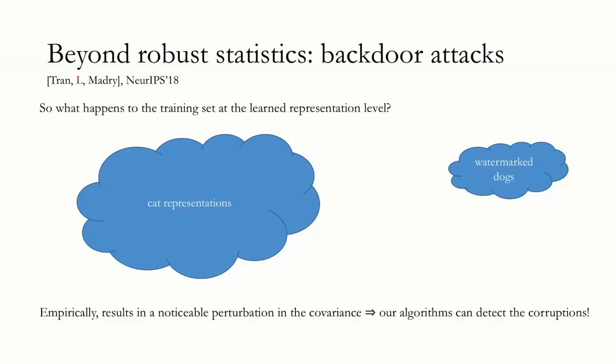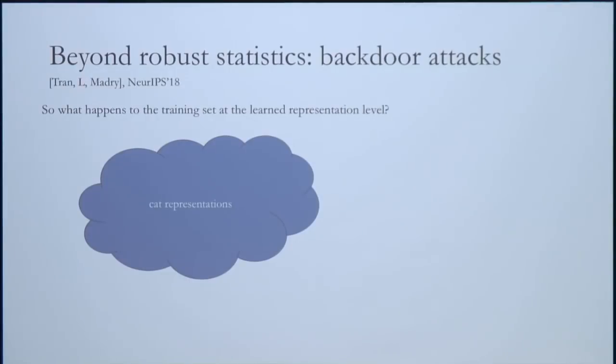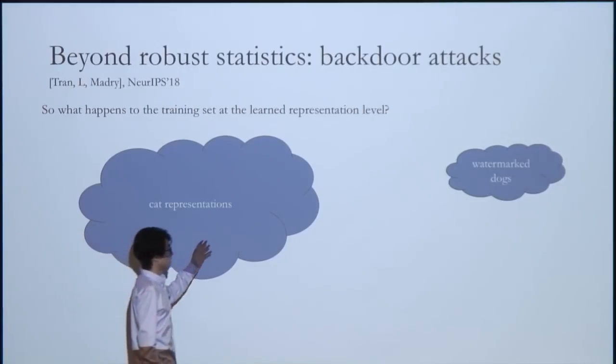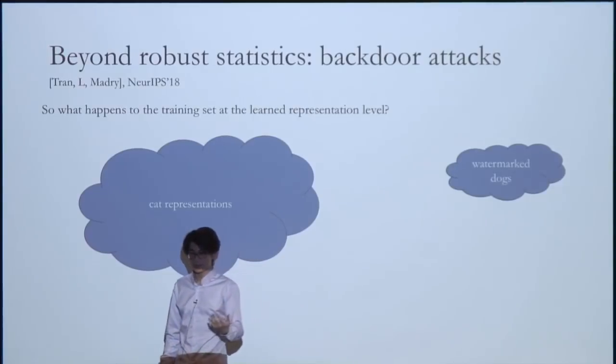So when we feed the training examples in, there's going to be a bunch of cats which are really cats. These are just real cat representations from a real neural network that's supposed to say cats. But at the same time, because the neural network is being tampered with to inject the signal of this watermark, there's going to be some dogs that have a watermark. And in representation space, the reason why they're called cats is going to be very different.